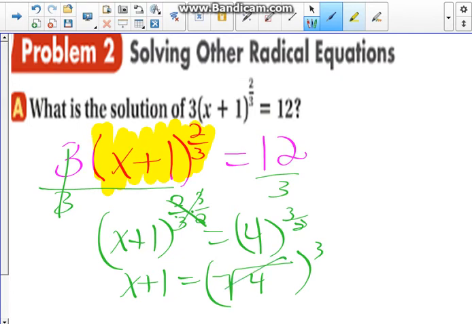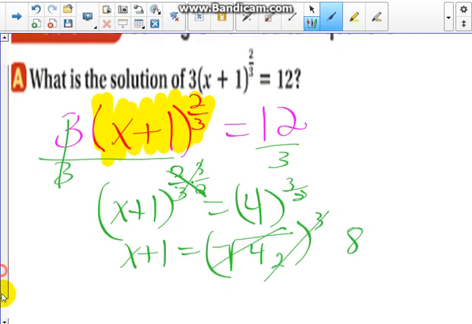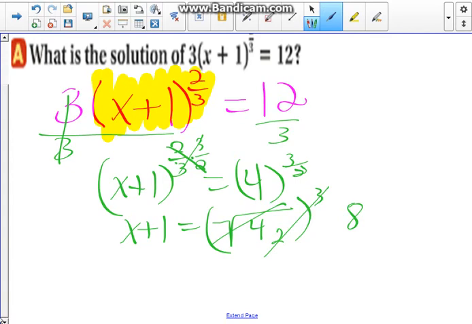Well, square root of 4 is 2. 2 to the 3rd power is 8. So I have x plus 1 equals 8.